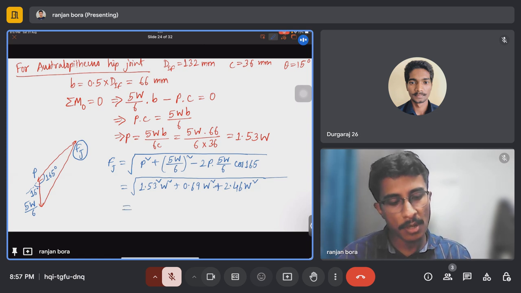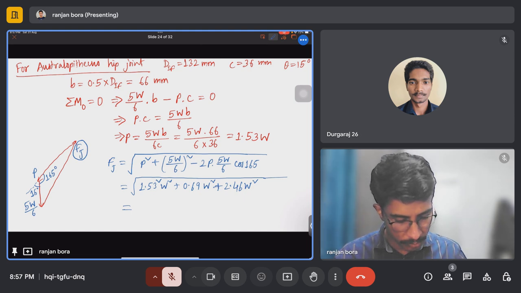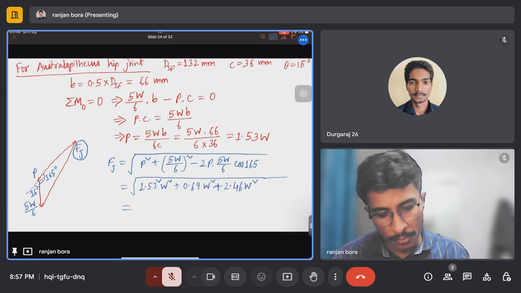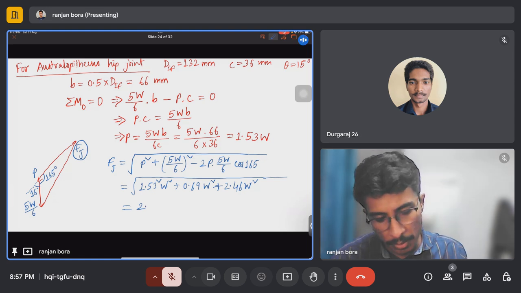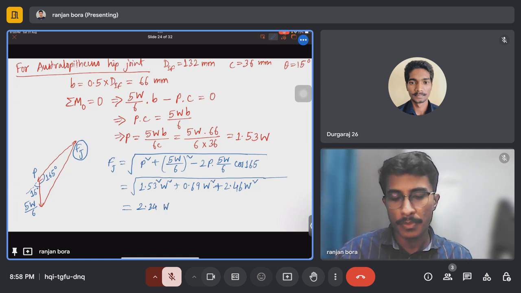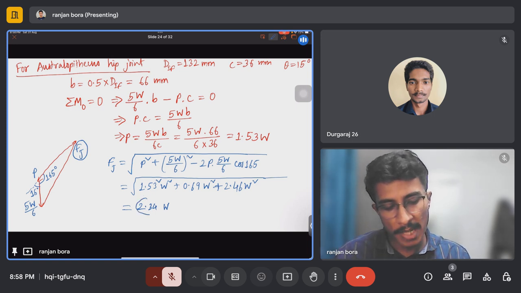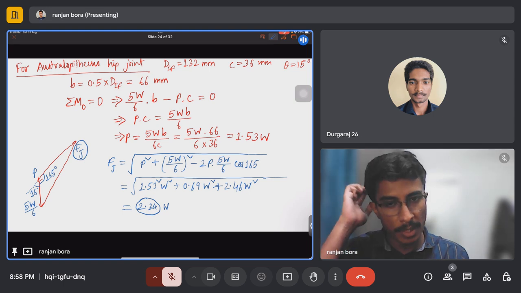So now we need to solve this to find out the value of Fj, which will be 2.34 W. So the joint reaction force for this Australopithecus hip joint will be 2.34 times weight, 2.34 times body weight.